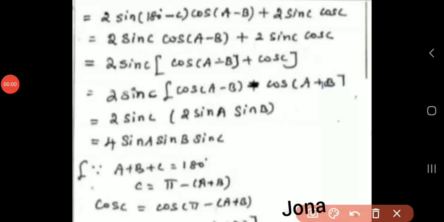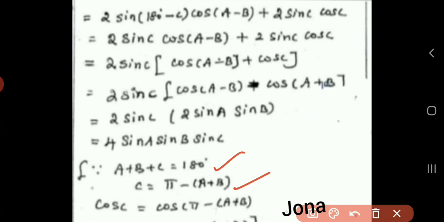In the bracket we have sin of (a plus b), isn't it? In the problem it's given clearly a plus b plus c equals 180 degrees. So I can have that c as pi minus of (a plus b). Okay, so instead of this, if you want a plus b, we can take c to the other side.